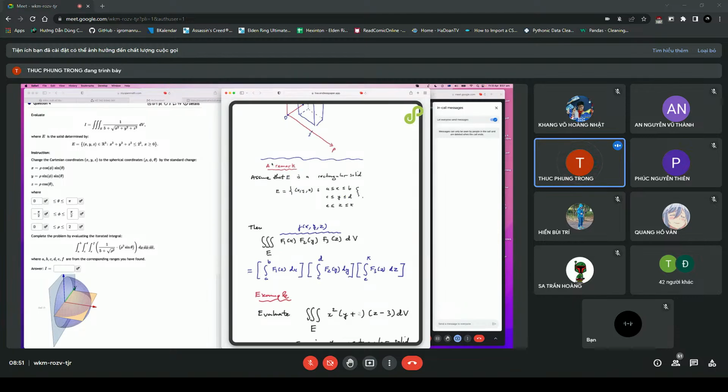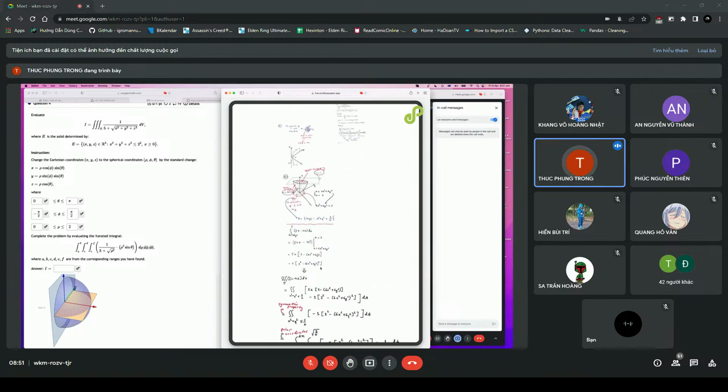If the domain E is a rectangular domain, and if the function can be written in this way, when the variables are separate like this, then you can split it like this for the triple integral. All right, so let's go back to our question.